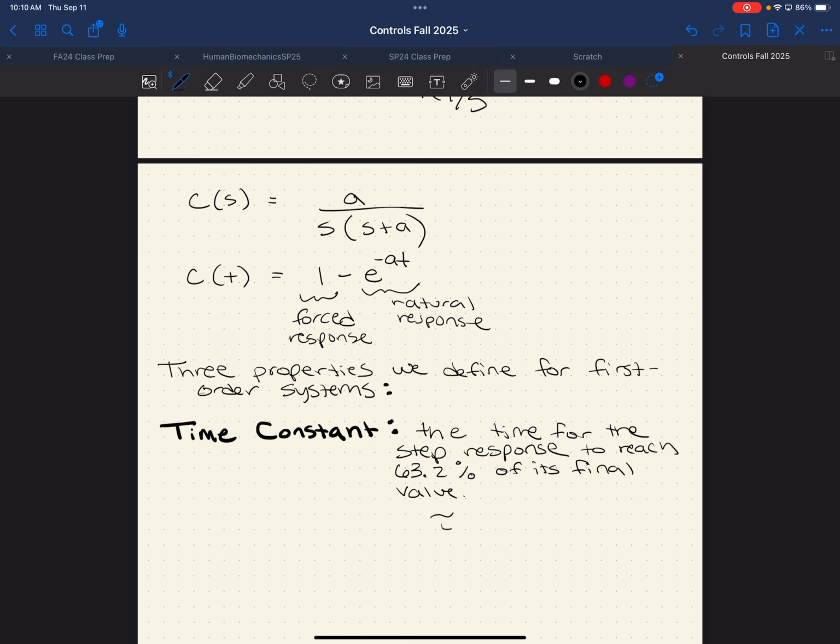And we even define its own variable. We call it tau. Tau is equal to 1 over A, 1 over our pole.